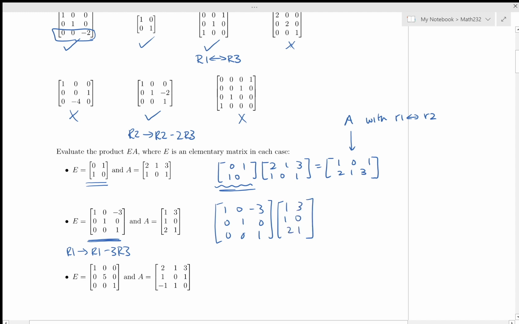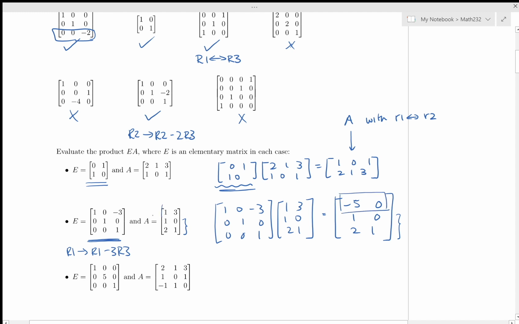I'm going to perform that multiplication, and I will get these numbers: -5, so that's the first row into the first column, 1 minus 6, giving me the -5. I performed that arithmetic. I see that rows 2 and 3 are unchanged from what they were before, and row 1, let's take a look here.